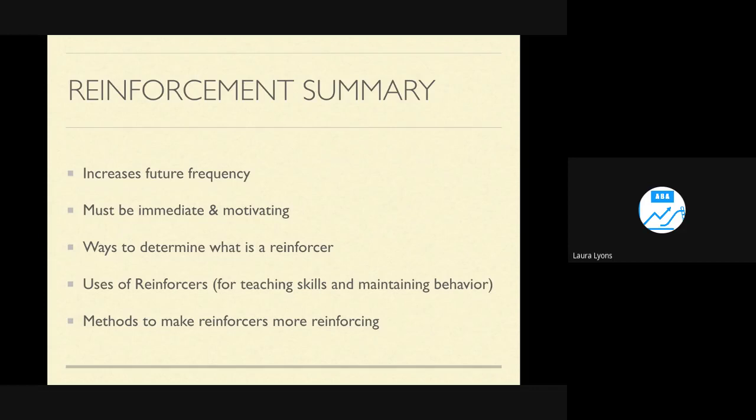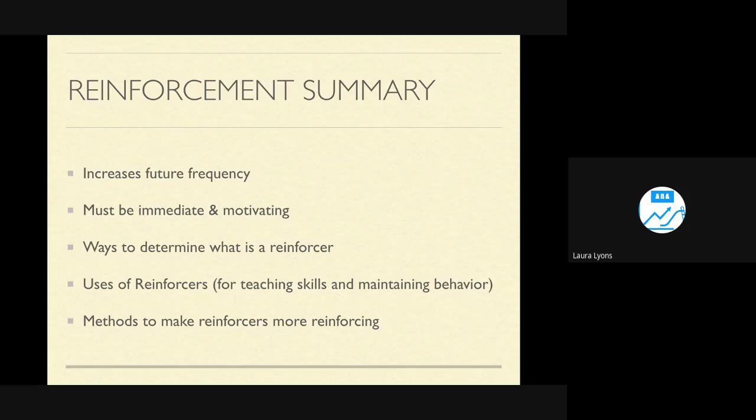So just a quick summary of reinforcement. Reinforcement, remember the definition, increases the future frequency of behavior. The more immediate, the better. So we want to make sure that right after we see that skill or that behavior we want to see, we're delivering that reinforcer. We talked about ways to determine what a reinforcer is through preference assessment and through observation.